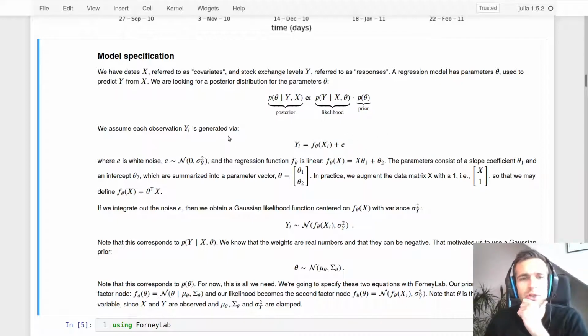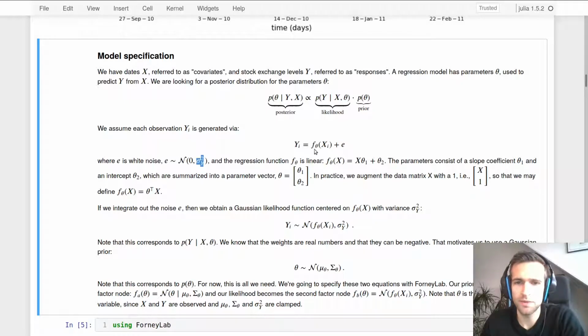We assume each observation y_i is generated via a linear function of x_i and e, some noise. To be precise, e is white noise, Gaussian distributed, centered at 0, with some noise component sigma_y.